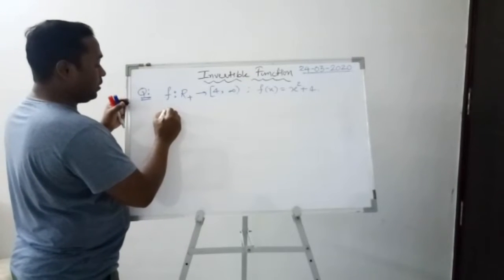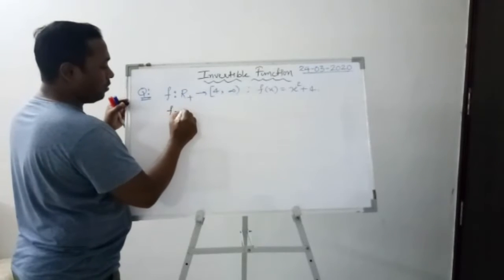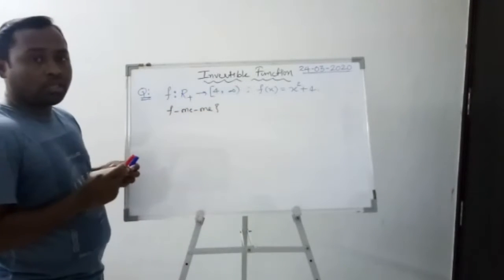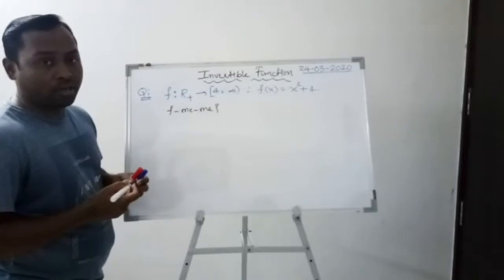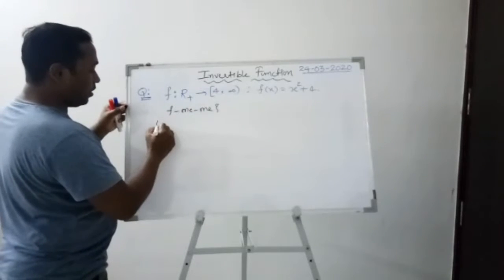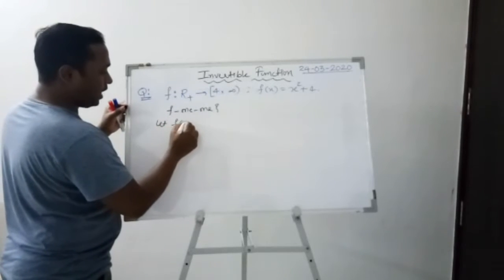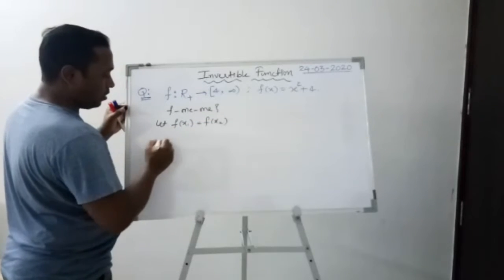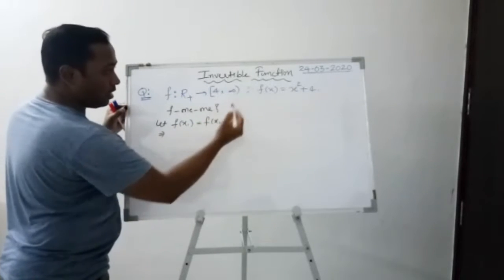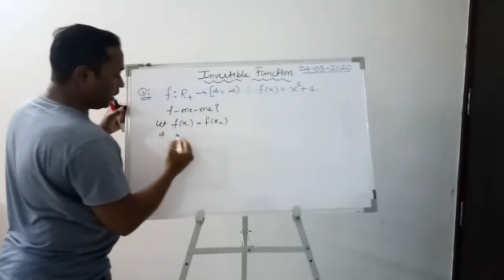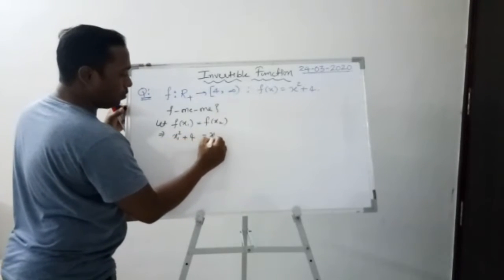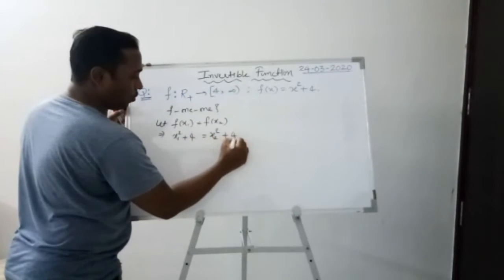First we will check whether f is 1-1 or not. For that we use a regular method. Suppose f of x1 is equal to f of x2. It means that according to the given function, x1 square plus 4 equals x2 square plus 4.